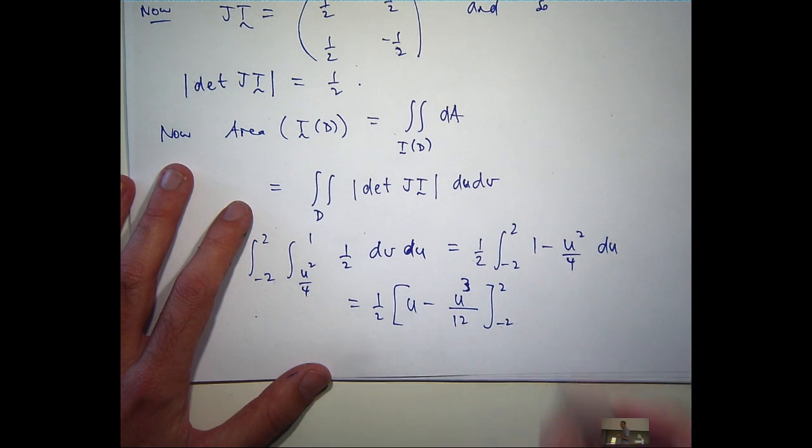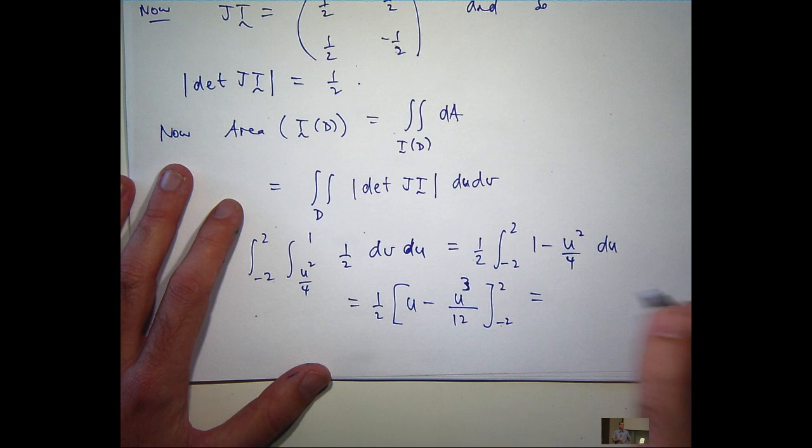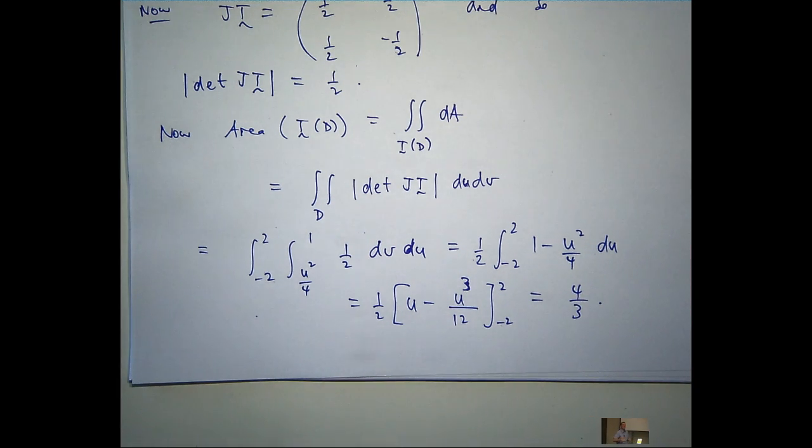When I sub in my u equals 2 and u equals minus 2, my calculations give me 4/3. So that sort of brings together all the stuff that you know about double integrals.